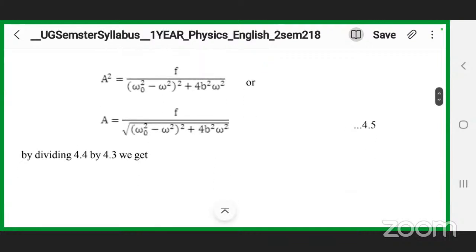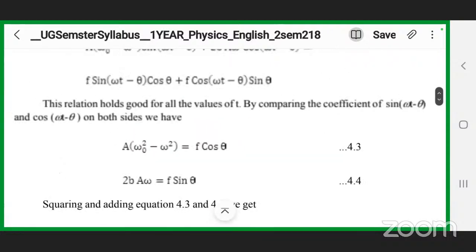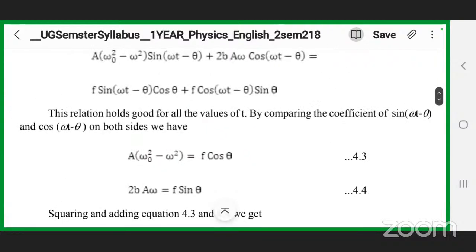Next, by dividing 4.4 by 4.3. What will you get?